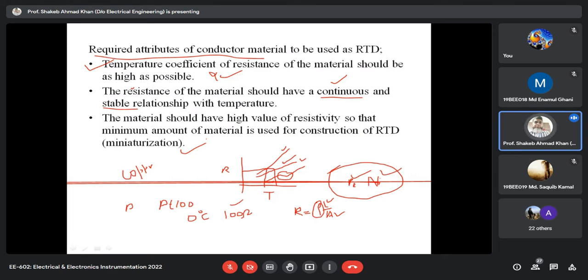If anybody has any question regarding these three points, you can ask, please. Should I go ahead with your permission?